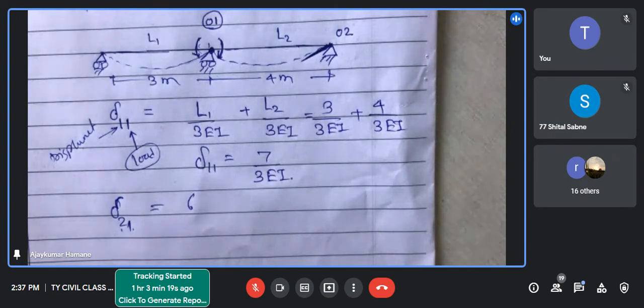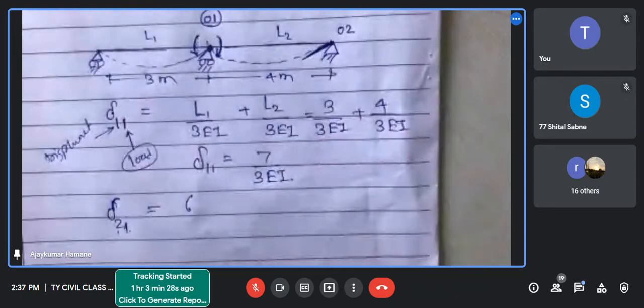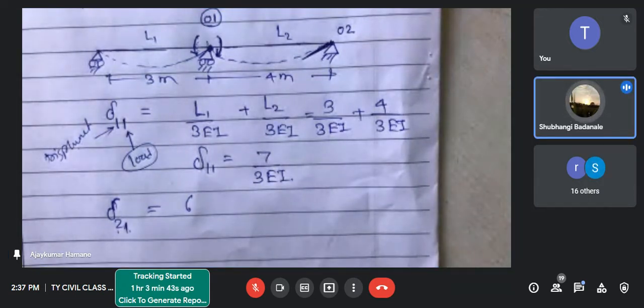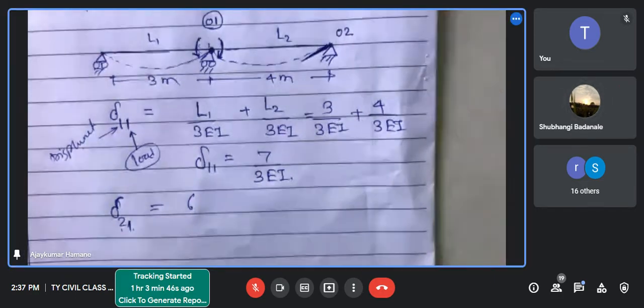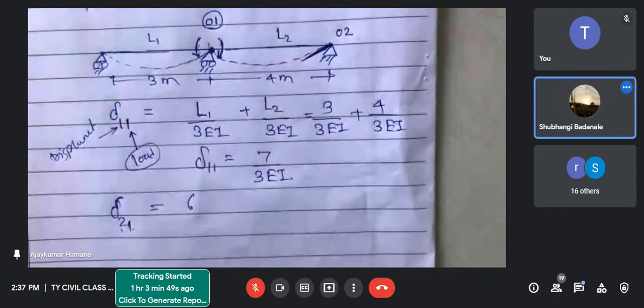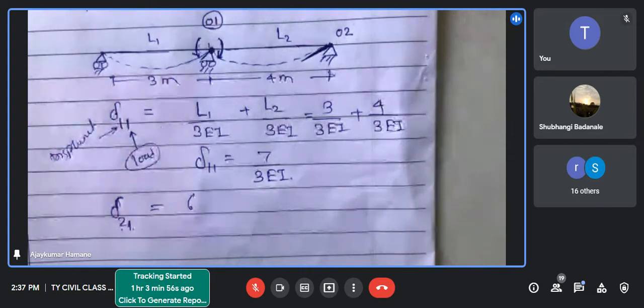Go back to your notes. Tell me now. Students. 2 EI divided by L into theta A. I gave 2. Just check once again.